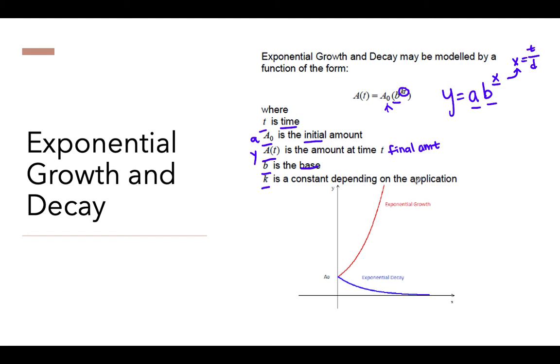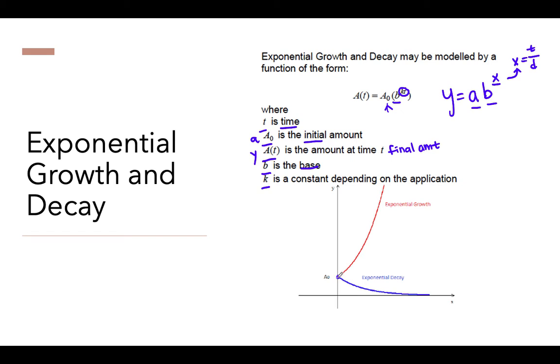Application meaning, is it doubling or is it decaying? If it's doubling, it gives you the doubling period, like doubling every 2 hours or 10 minutes, or it could be decaying, like half-life, for every 10 minutes or every 1 hour. So it all depends on the application of the word problem.